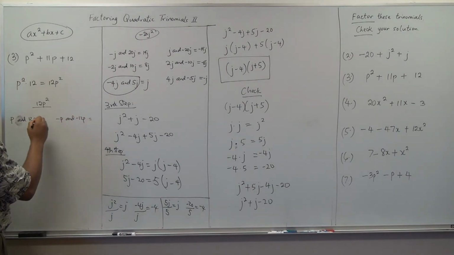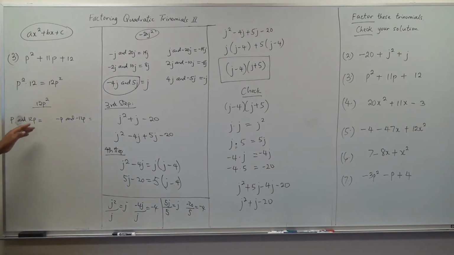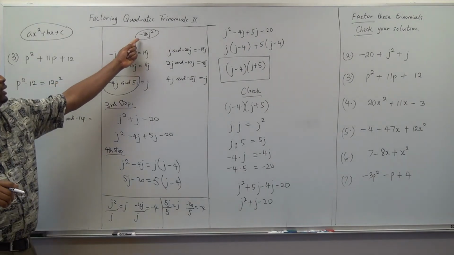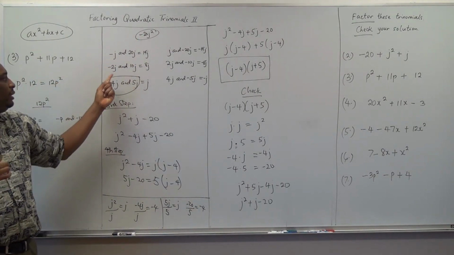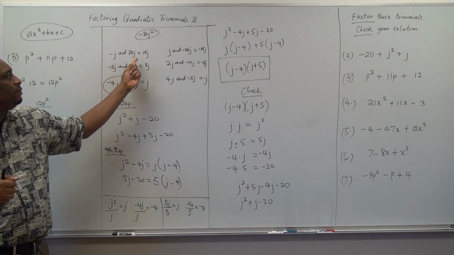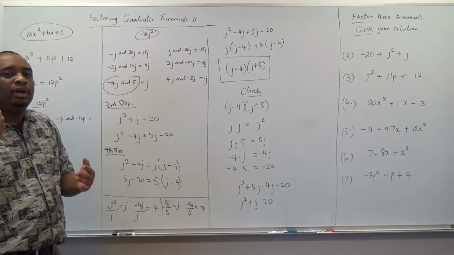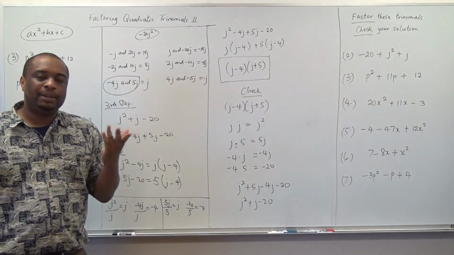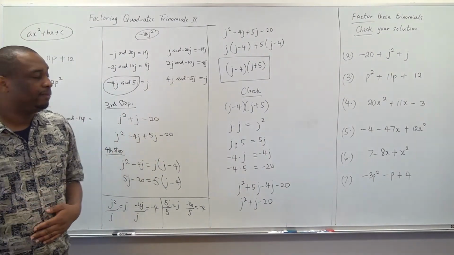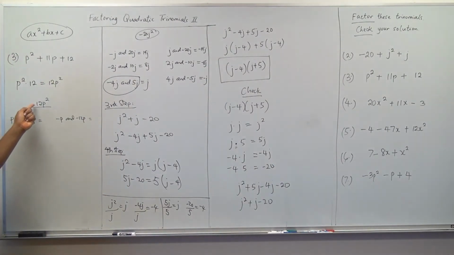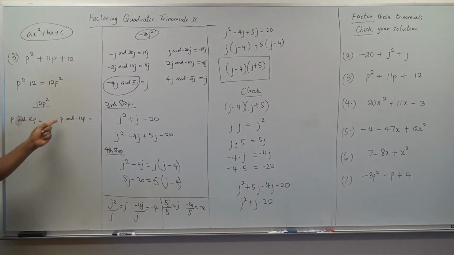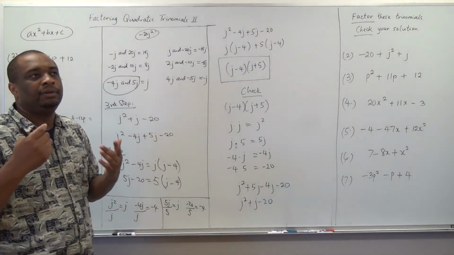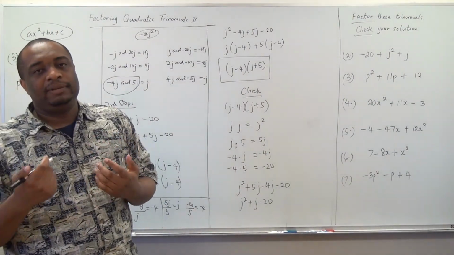Now, I want you to notice something here. When you have the product to be negative, the factors could be negative and positive, or positive and negative. Positive times negative is negative, or negative times positive is negative. But when you have it to be positive, then it could be positive and positive, or negative and negative, because positive and positive is positive, and negative times negative is positive.